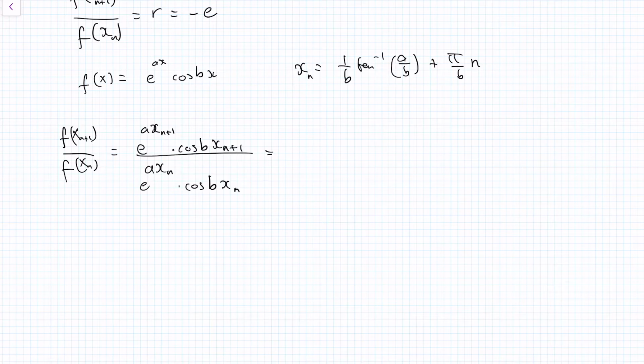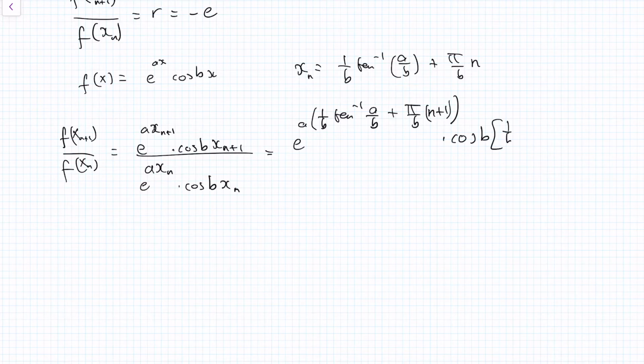That's equal to e to the a times 1 over b tan inverse of a over b plus pi over b (n plus 1), we're looking at the n plus first term, times cosine of b times 1 over b tan inverse of a over b plus pi over b (n plus 1), right?